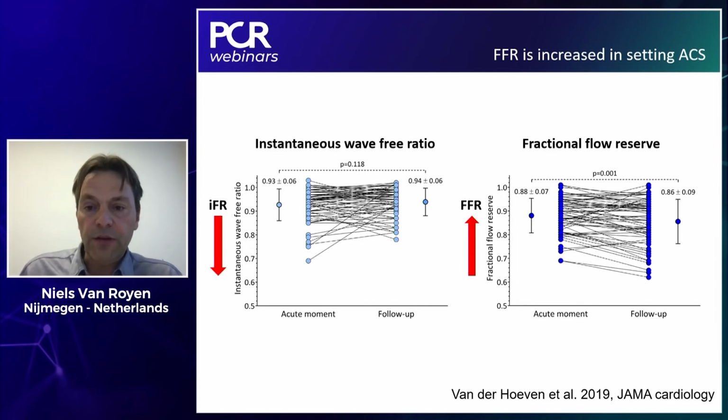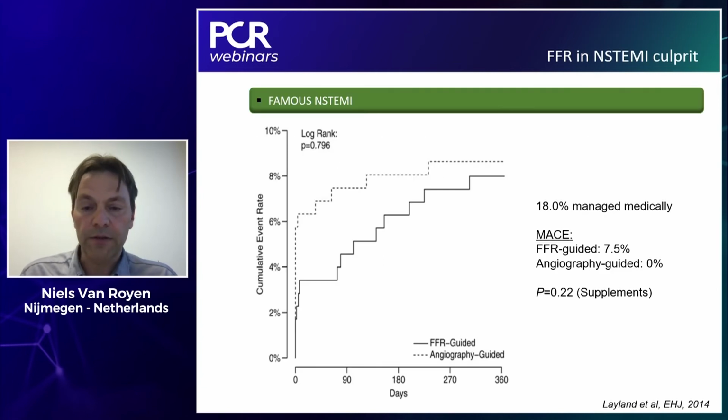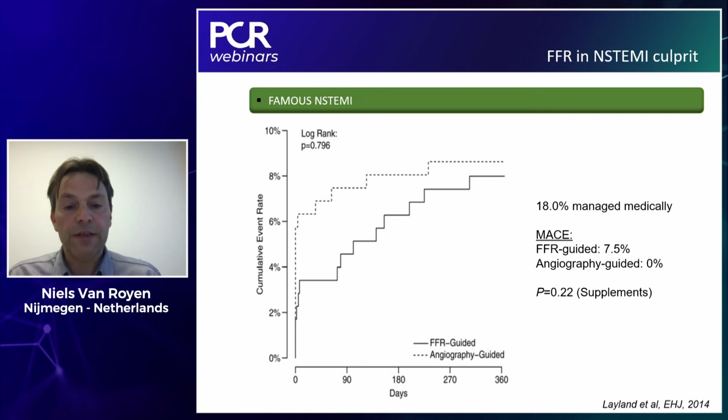Now, this is all about non-culprit lesions. What about the use of physiology in culprit lesions? Well, there is not much data about that. There is the famous FAMOUS-NSTEMI study, and there FFR was implemented in suspected culprit or unknown culprit settings, and there FFR actually did not perform that well.